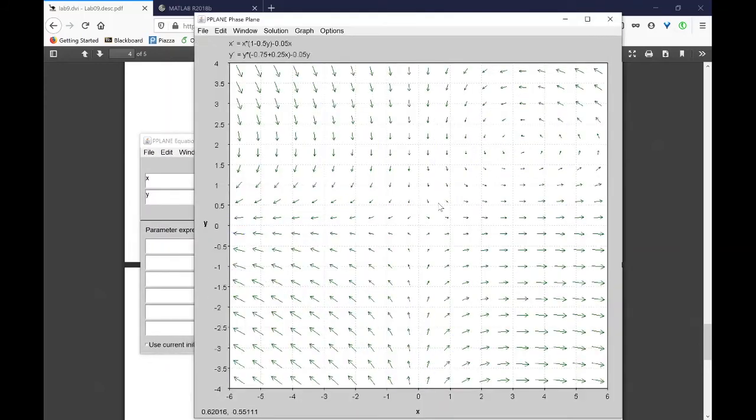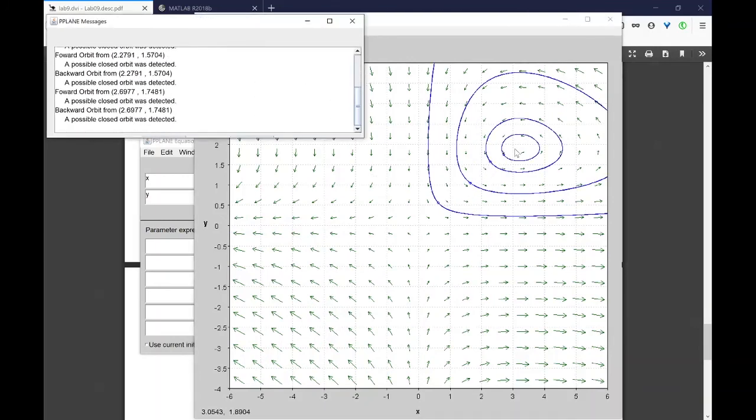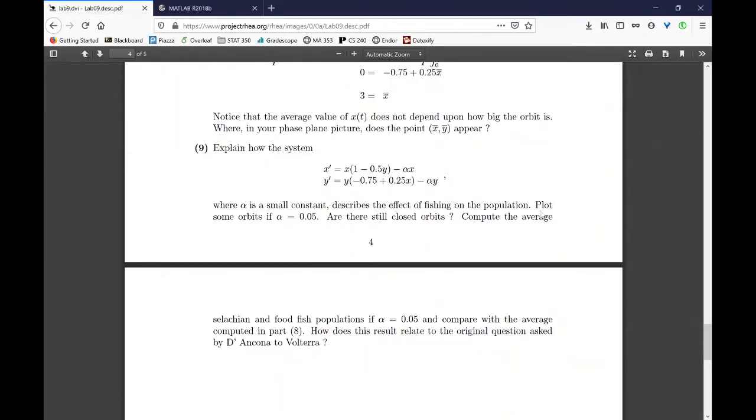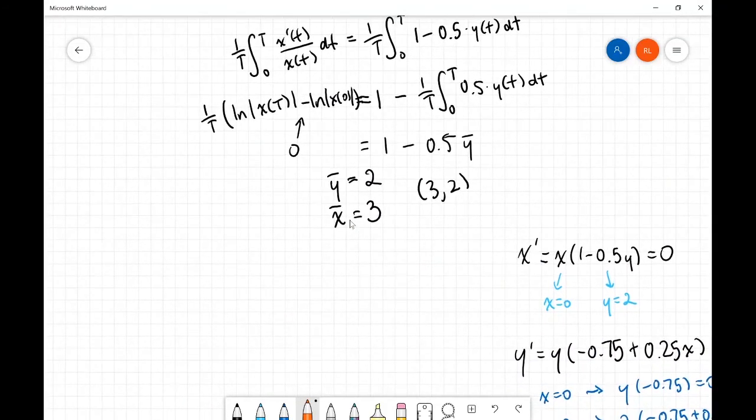And if we take a look, in the first quadrant, they still do seem to be closed orbits. Now, how does this actually affect the averages, though? So if we do something similar, like we did before, right?